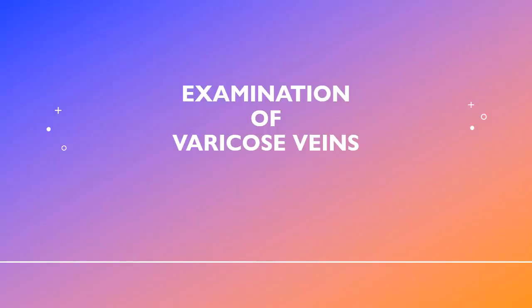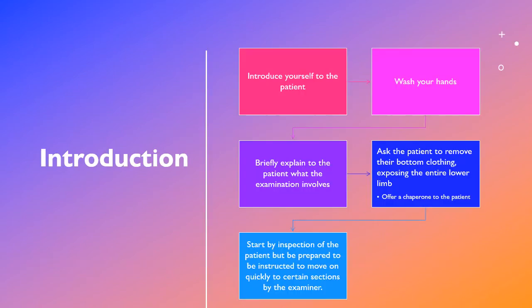Now I'll take you through some simple examination of varicose veins, highlighting the tourniquet test and the Perthes test. First, introduce yourself to the patient. Wash your hands before you touch the patient.